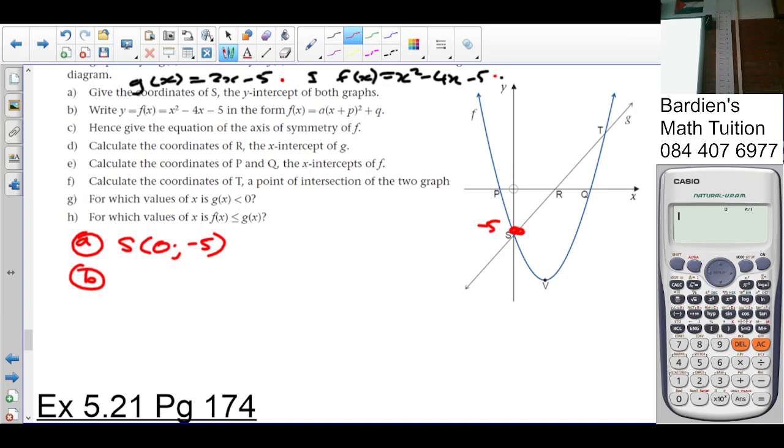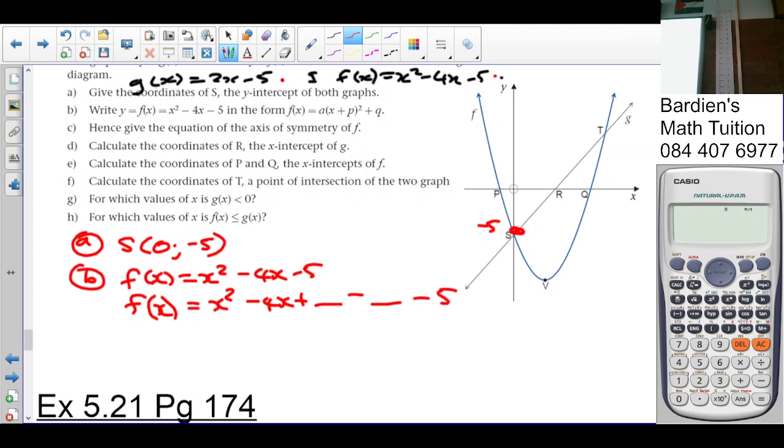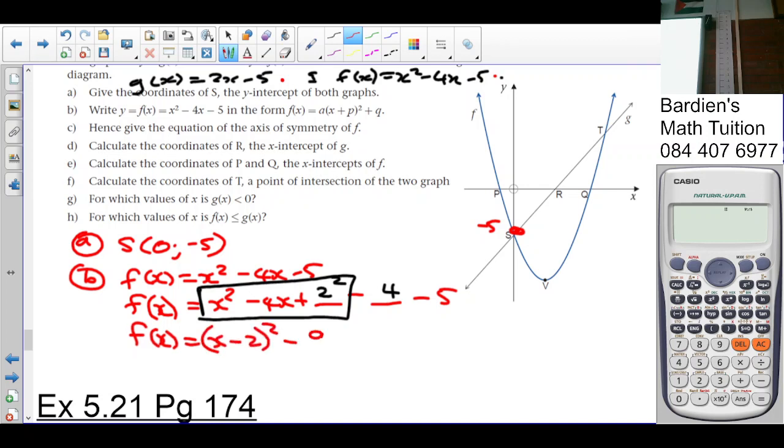So f of x is equal to x squared minus 4x plus a number minus the same number minus 5. What is the number in this case? It's going to be b times half, which is 4 times half, which is 2, and 2 squared is 4. So f of x equals x minus 2 squared minus 9.